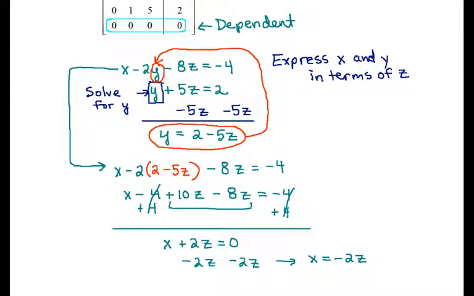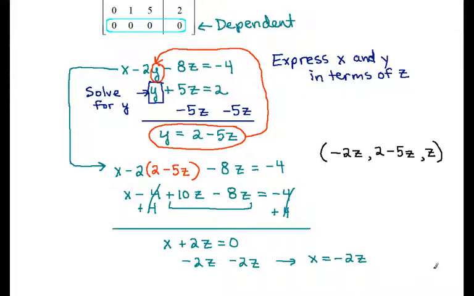So I'm going to write this as an ordered triple. x is -2z, y is 2 minus 5z, and z is itself. I will leave that as a z.